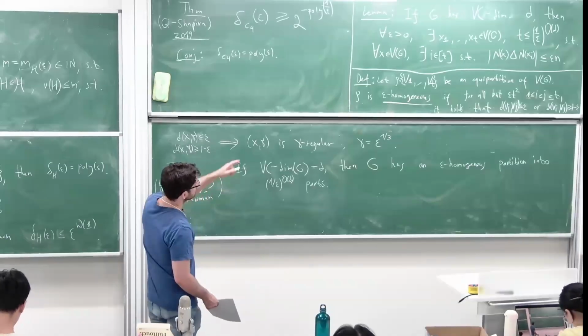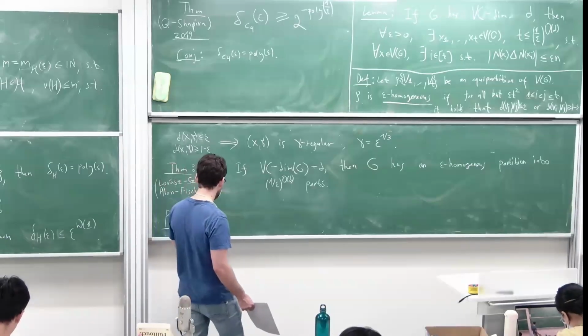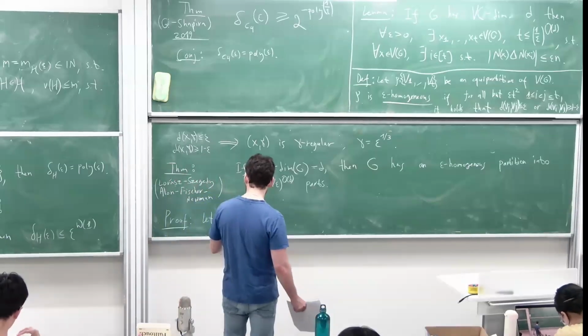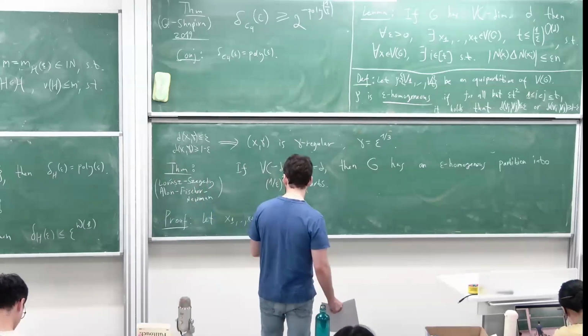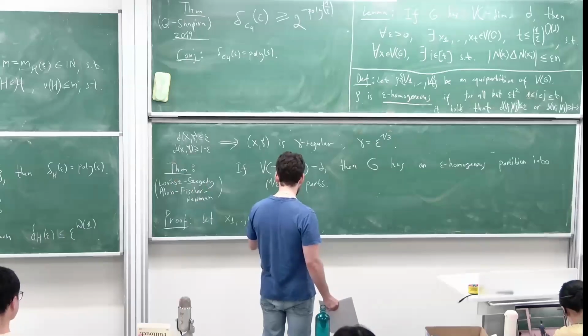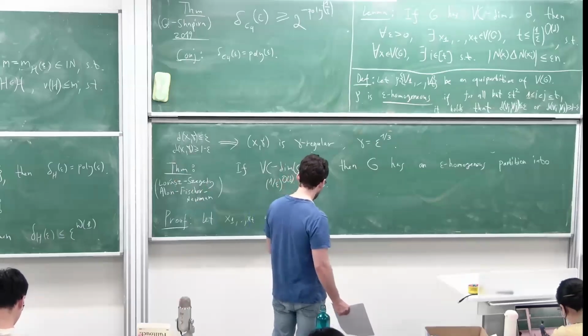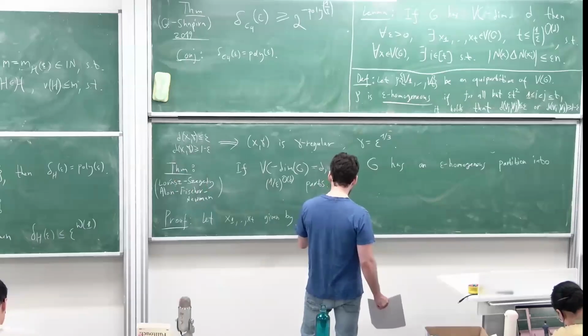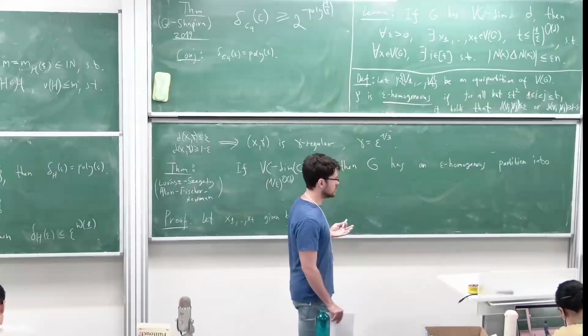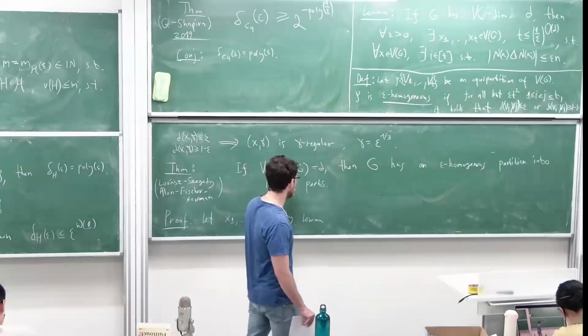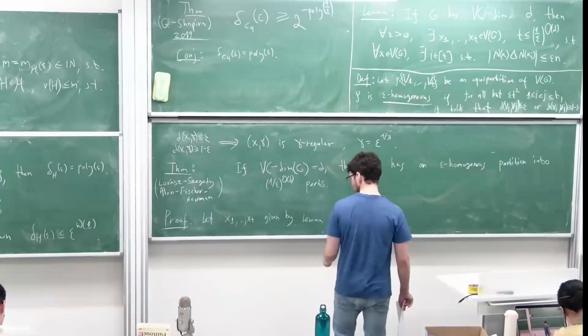So we will use that lemma. Let x1 up to xt be given by the lemma. Now we need to apply the lemma with a bit smaller parameter than epsilon if we want to get epsilon in the end.